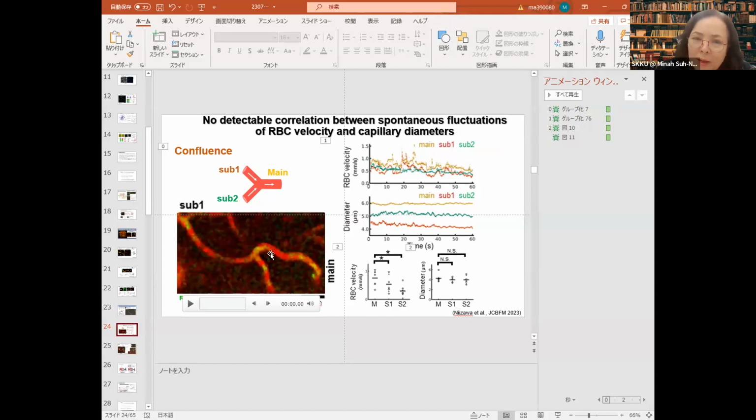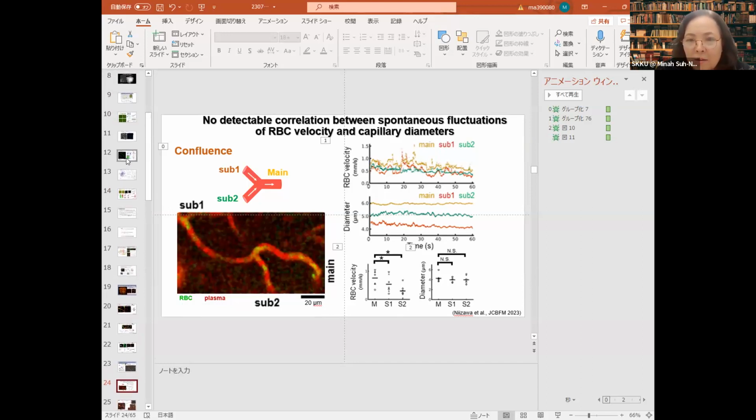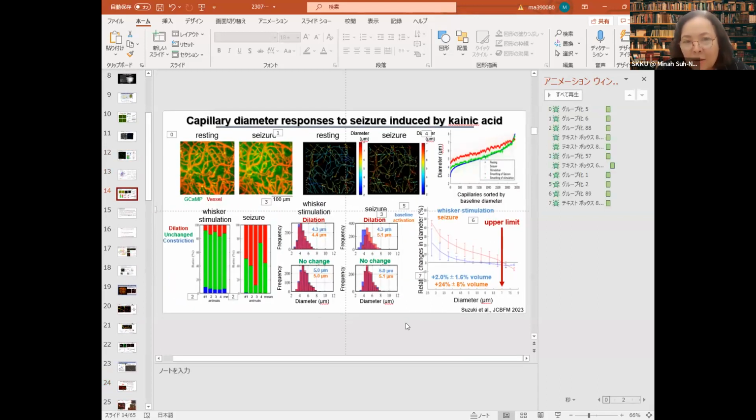Hachu, did you also measure the red blood cell velocity changes during seizures? I can see there's a huge difference in capillary diameter changes when you compare sensory stimulation and the seizure case. This is related to Sung-ji's question, about which one is more sensitive to neural activity.